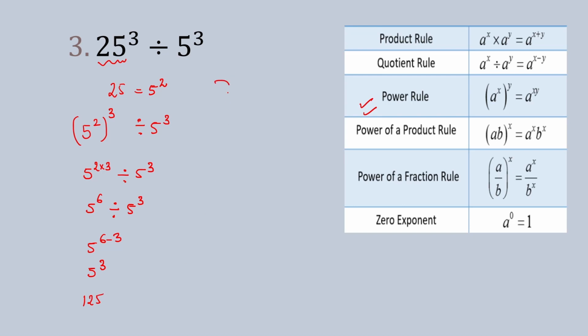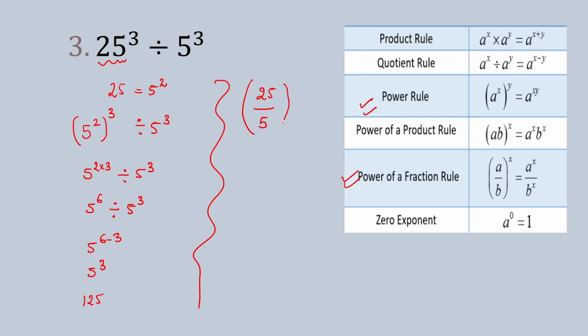There is one more way. As the bases are different, there's a division operation, but the exponents are same. So we can apply the power of a fraction rule, which says when the exponents are same, we will club the bases, keeping the operation same.